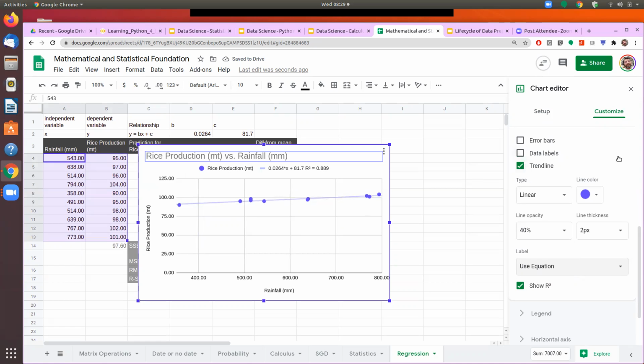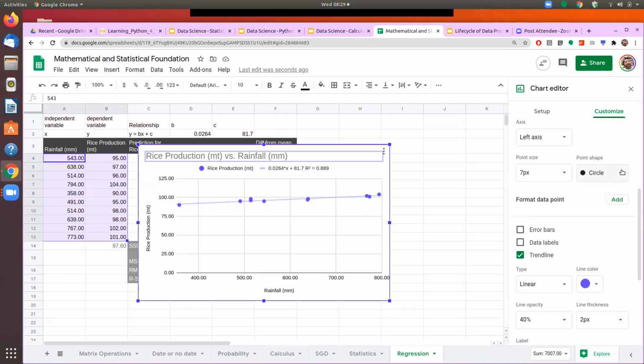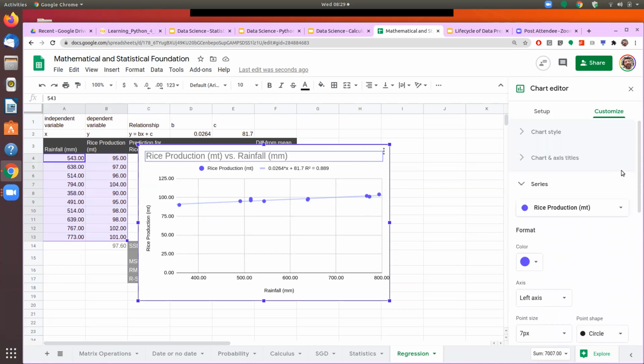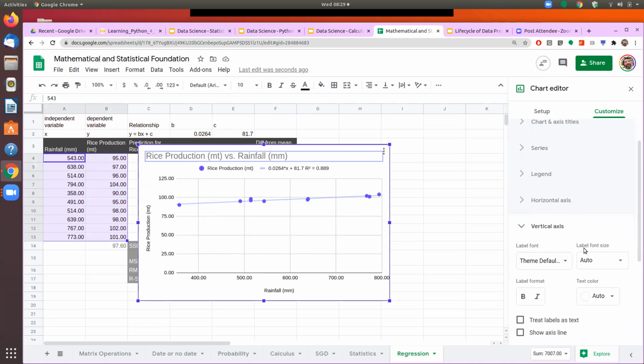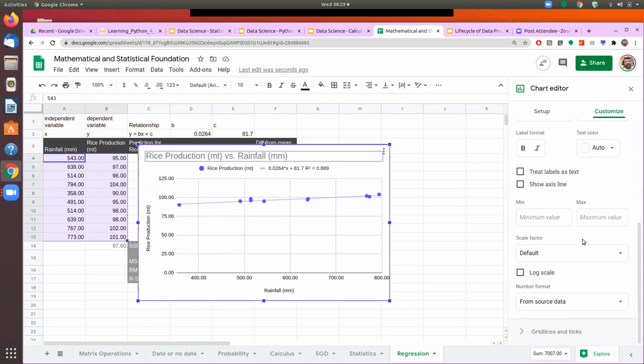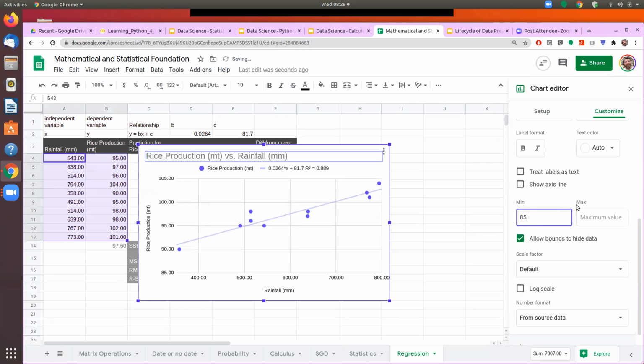One more thing you can do to enhance the readability of the chart, to give more space to the chart, is to go to the vertical axis and set the minimum value. Visually we can see here it should be around 85. So it gives you a good coverage on the chart.